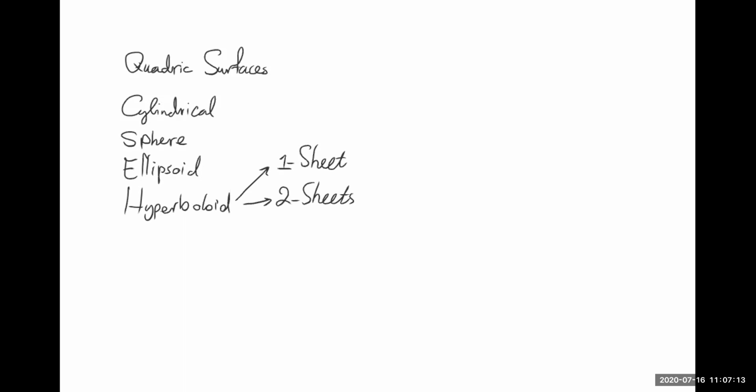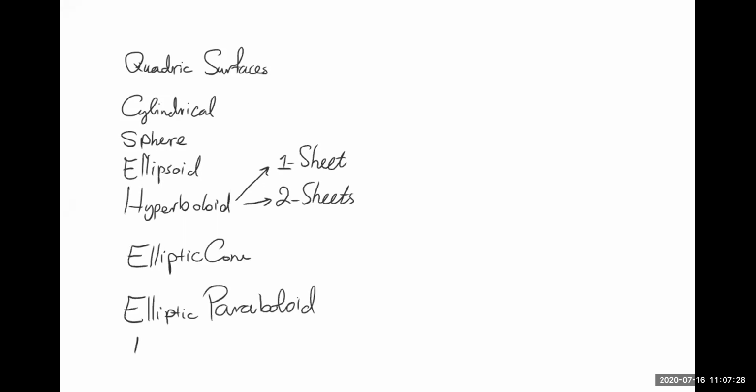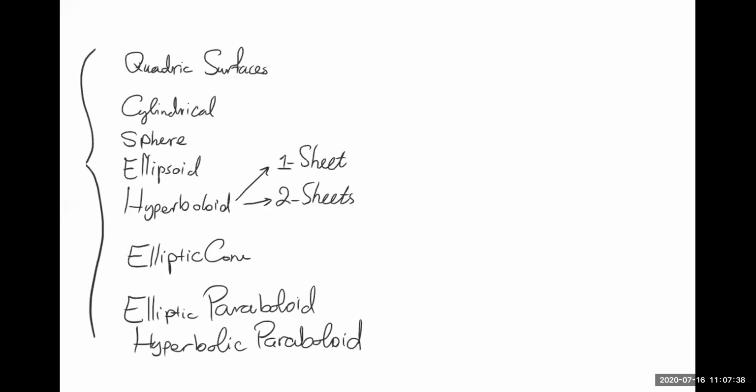There was the elliptic cone. There was the elliptic paraboloid. And the last one, the hyperbolic paraboloid. You don't need to memorize the names, of course, but it's good to have an example of each of them in mind. I think there is a table in the book which has all of them, with a sketch of each.